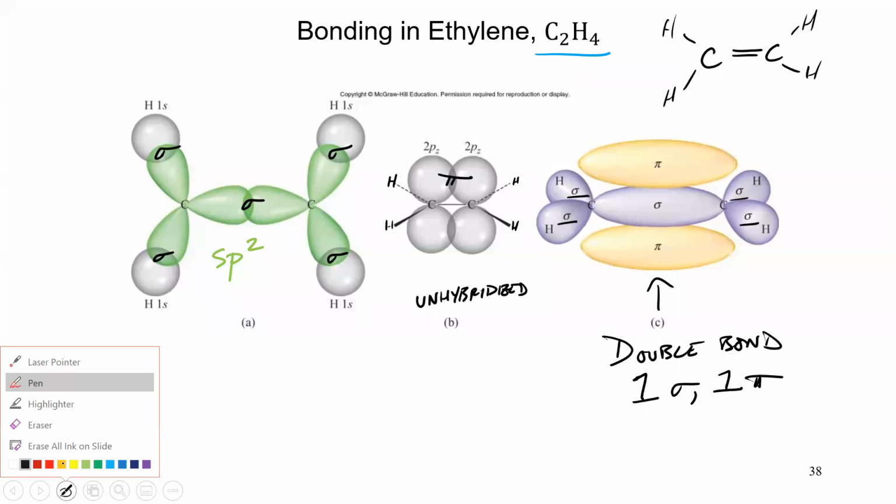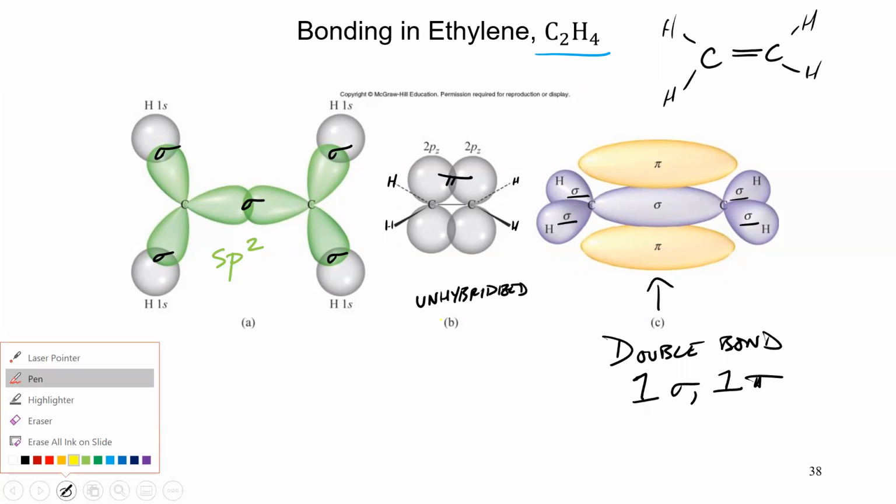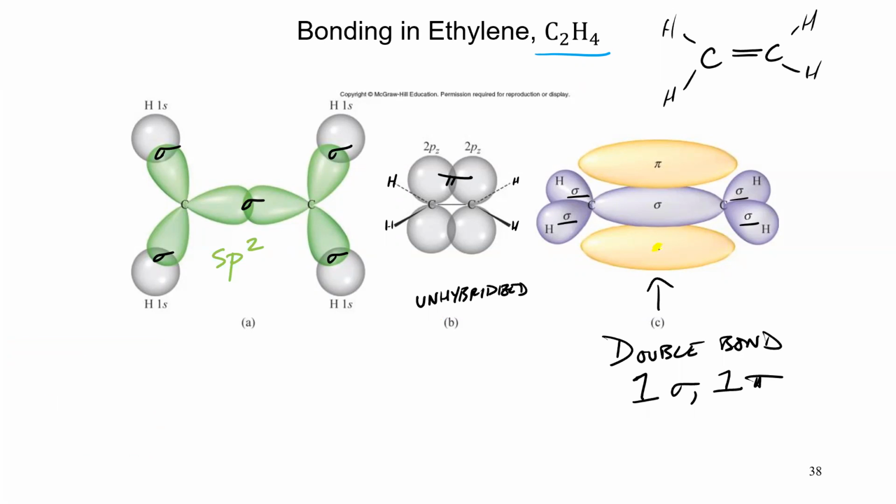Again, I just want to be clear that that pi in the bottom isn't a separate pi bond, right? It's just those two regions of overlap. Okay. So a single bond is just 1 sigma. Obviously, we see that between the carbon and the hydrogen. A double bond is 1 sigma and 1 pi.